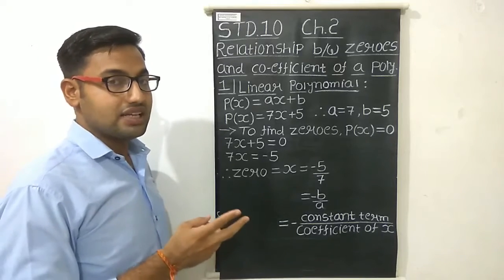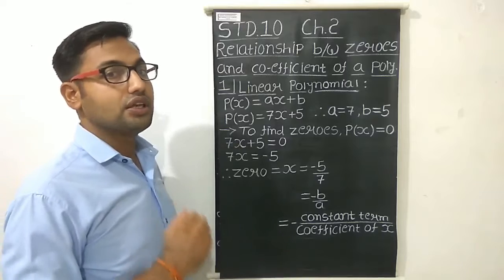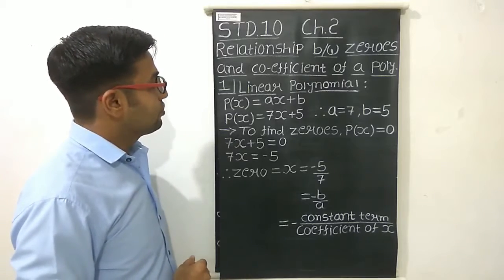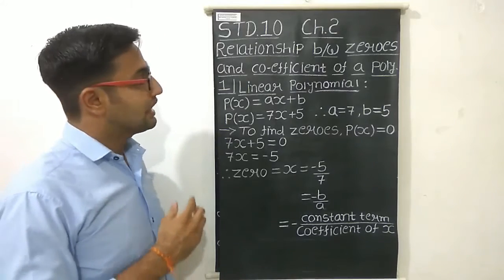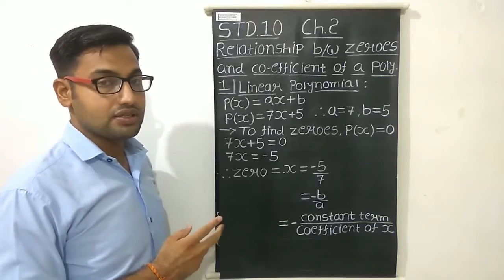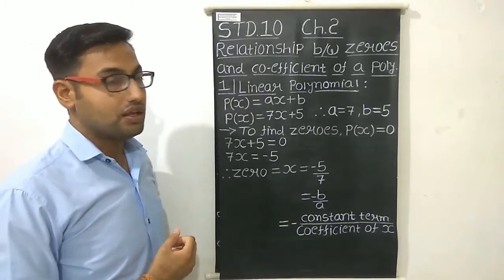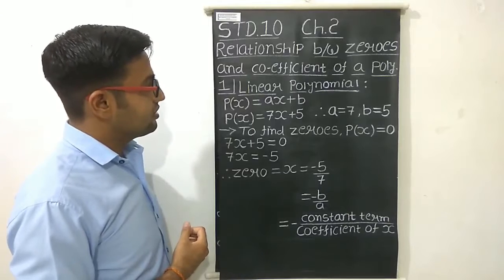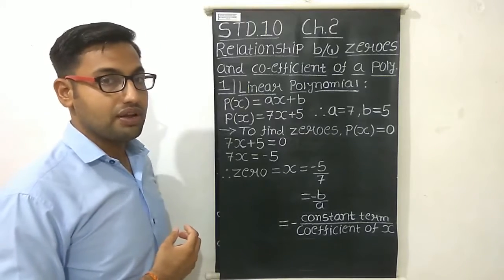One is linear, second one is quadratic, and third one is cubic polynomial. So this topic is about the relationship between the zeros and the coefficients. We will study this topic one by one.